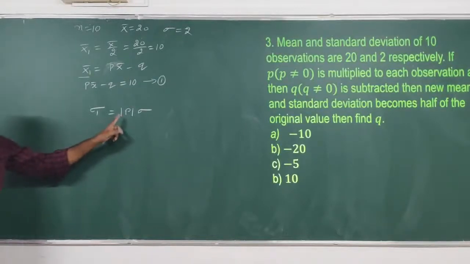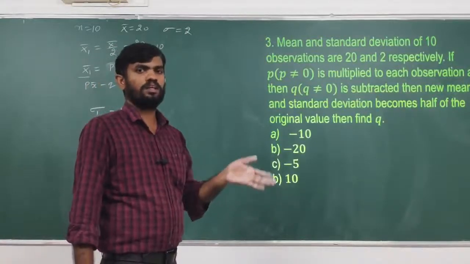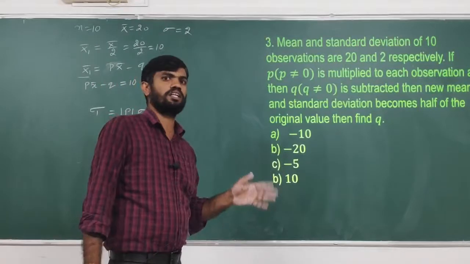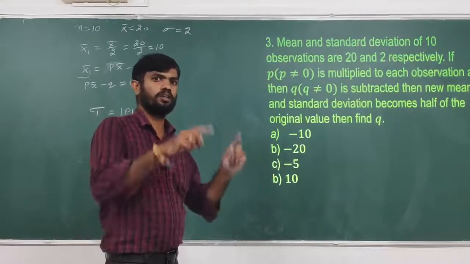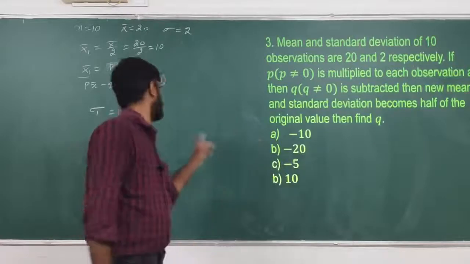Sigma 1 is equal to modulus of p into sigma. If we multiply each observation by a constant, then the new standard deviation is equal to the modulus of that constant into the original standard deviation.